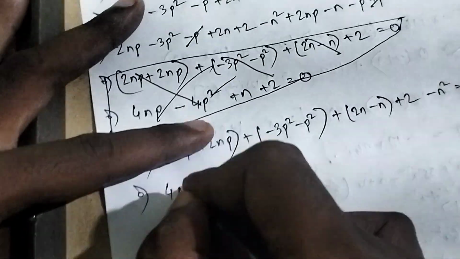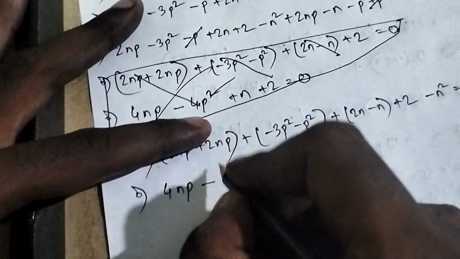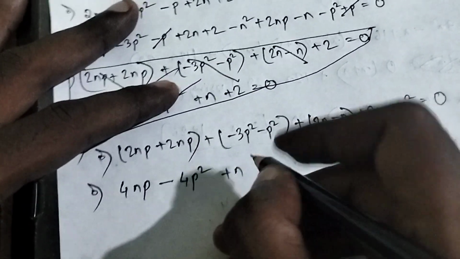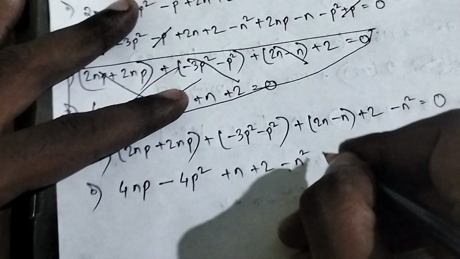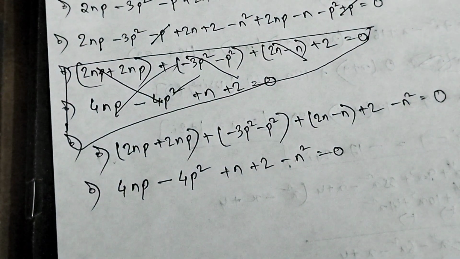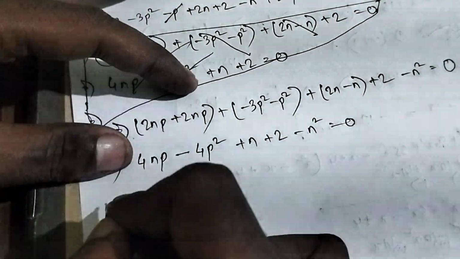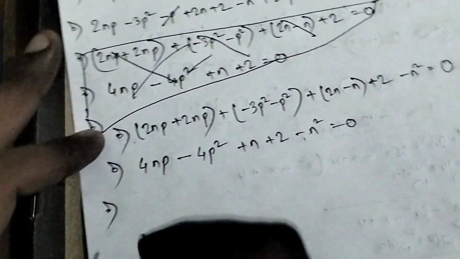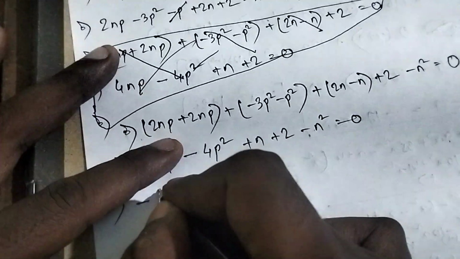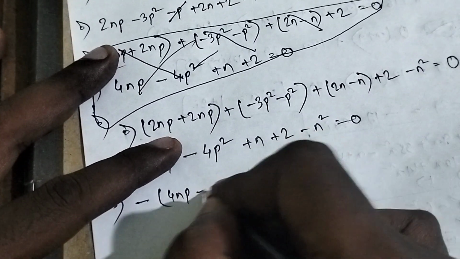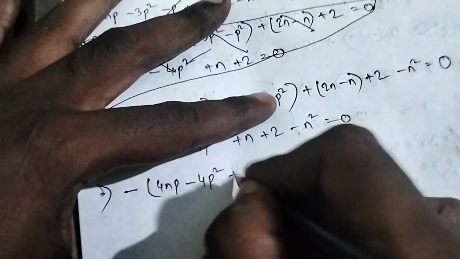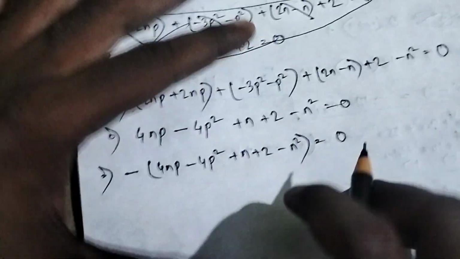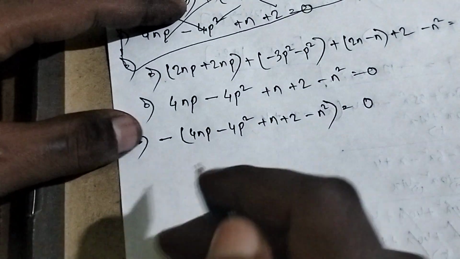So 4np minus 4p square plus n plus 2 minus n square is equal to 0, okay. So now I will multiply both sides by minus 1. I am multiplying both sides by minus 1.